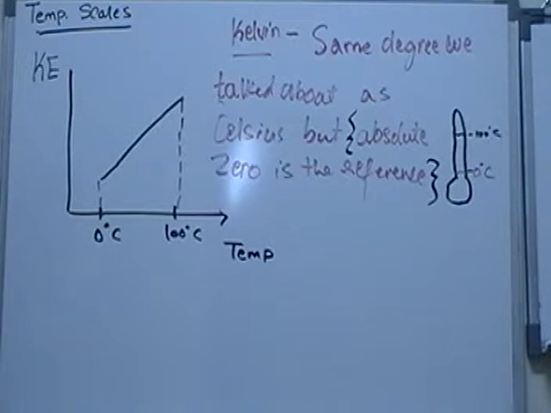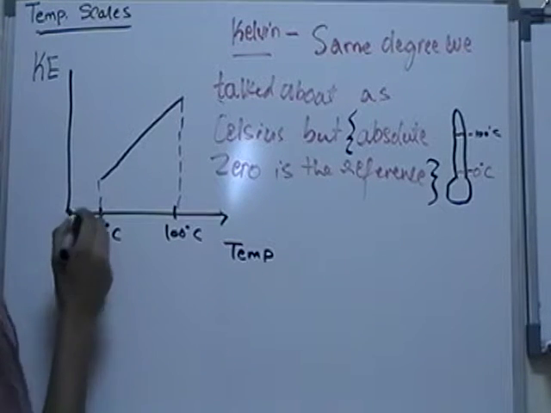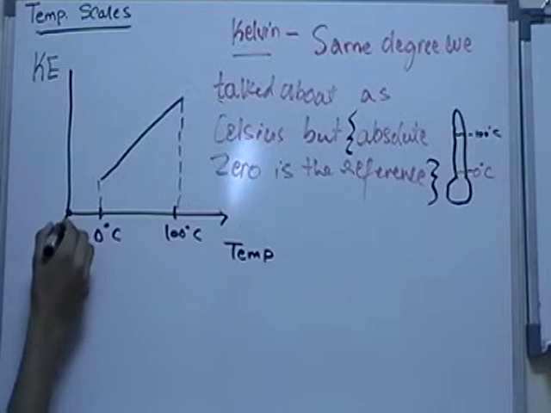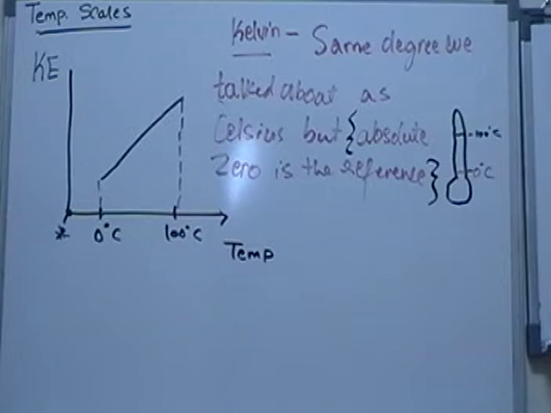Now let's go back to the graph over here. Absolute 0 is when you have zero kinetic energy, and that point is located over here. Absolute 0, as you can see. Now, how low can you go?